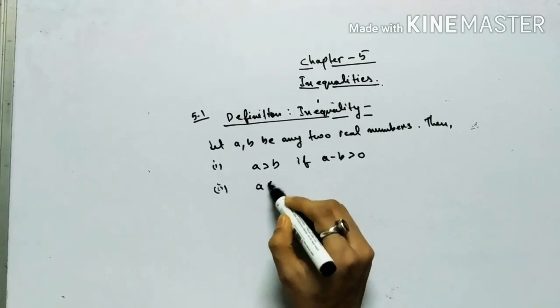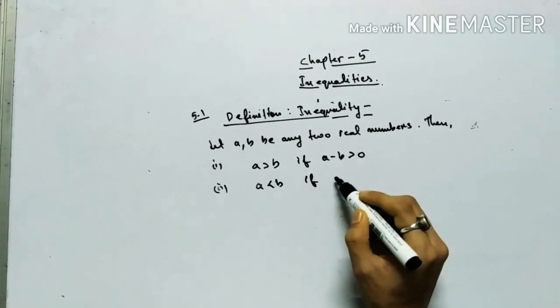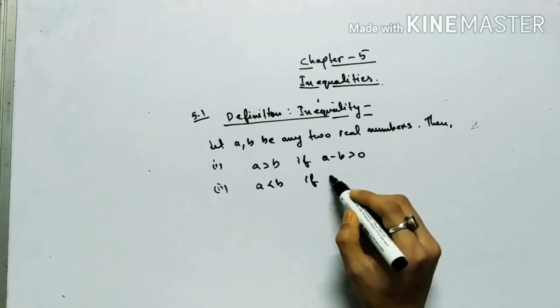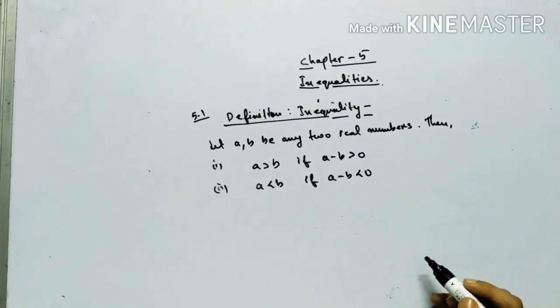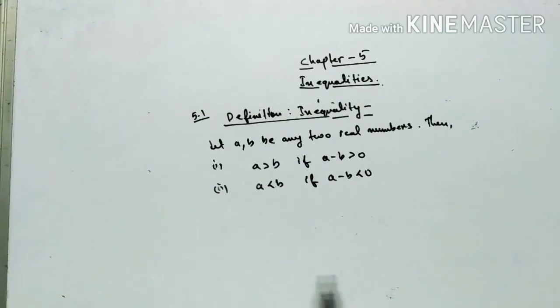And next, A is less than B if A minus B is less than 0. A will be greater than B if A minus B is greater than 0, and A will be less than B if A minus B is less than 0.